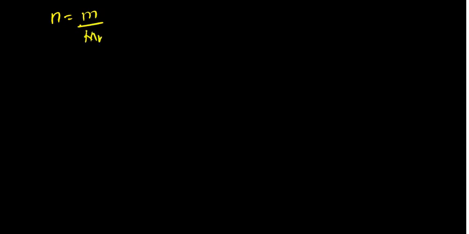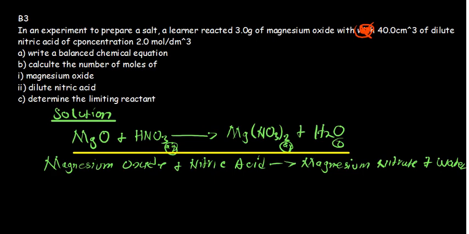In this case, we want to find the number of moles of magnesium oxide, so we need to clearly indicate that. That equals the mass of magnesium oxide divided by the relative molecular mass of magnesium oxide.